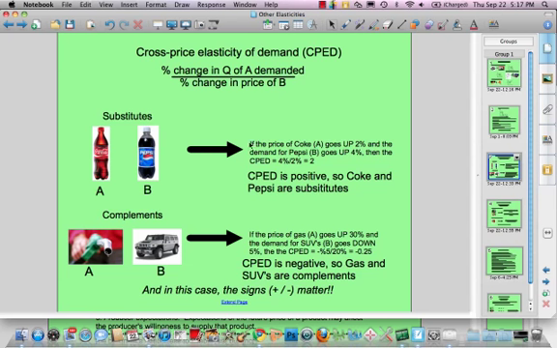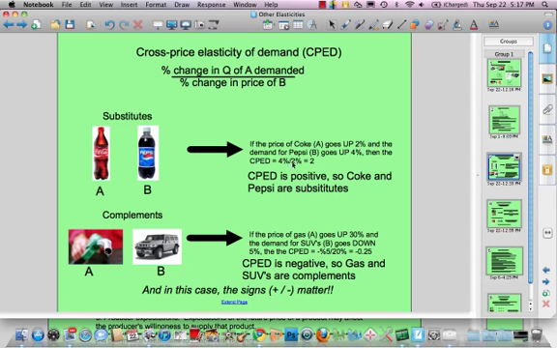So let's look at an example here. If the price of Coke goes up 2%, Coke here is product A, and the demand for Pepsi as a result goes up 4%, then the cross-price elasticity of demand using this formula is 4, that's the change in quantity of Pepsi demanded, divided by 2, the change in price of Coke.